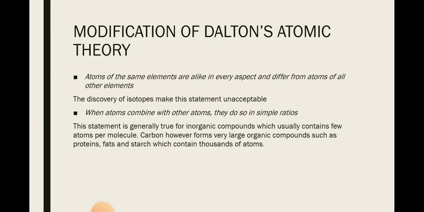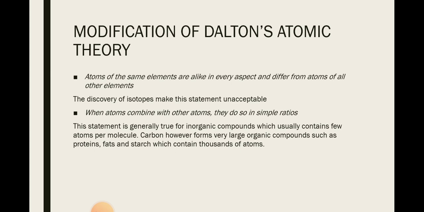The fourth one is that when atoms combine with other atoms, they do so in simple ratio. This statement is generally correct for inorganic compounds, because they contain few atoms per molecule. But this is not true for organic compounds, because carbon forms very large organic compounds such as protein, fat, and starch, which contain thousands of atoms.